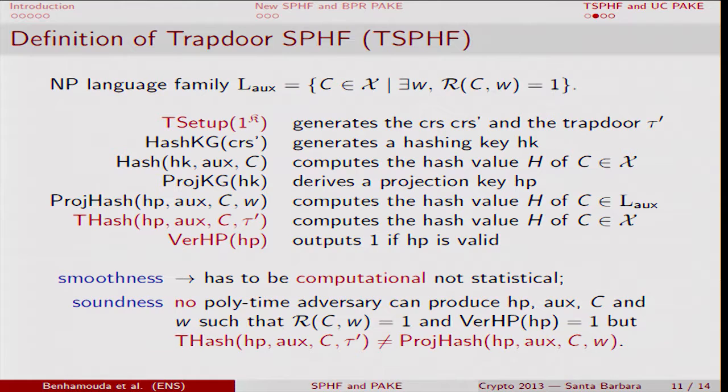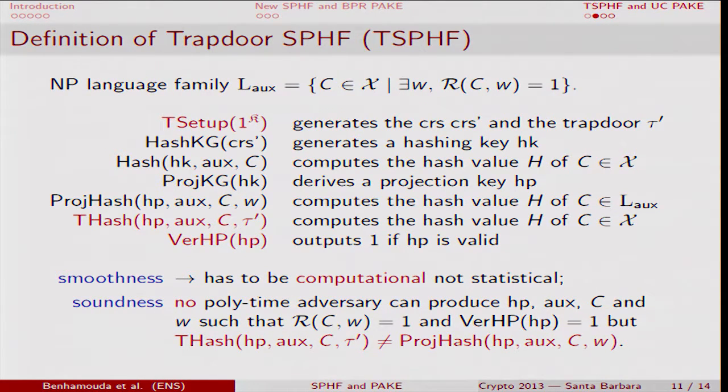And we first remark that the smoothness cannot be statistical anymore since HP contains enough information to compute the hash value of any word inside and outside the language. So we need to introduce a new notion of smoothness.